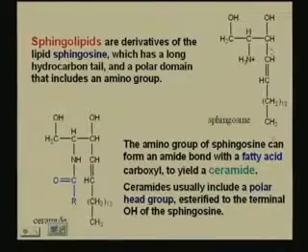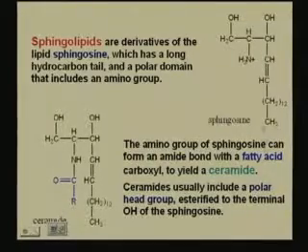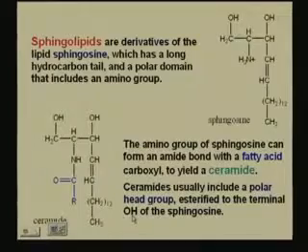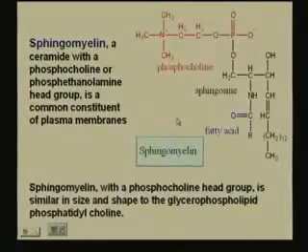Now, this already has the long hydrocarbon chain, so you can have this NH3 plus form an amide with another fatty acid. So, you are going to have two long carbon chains here. Okay. So, that is exactly what you have. Ceramides usually include a polar head group, and they are esterified to the terminal OH of the sphingosine. Let's see what that is.